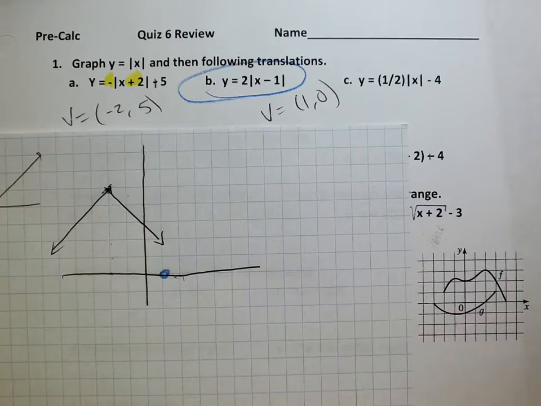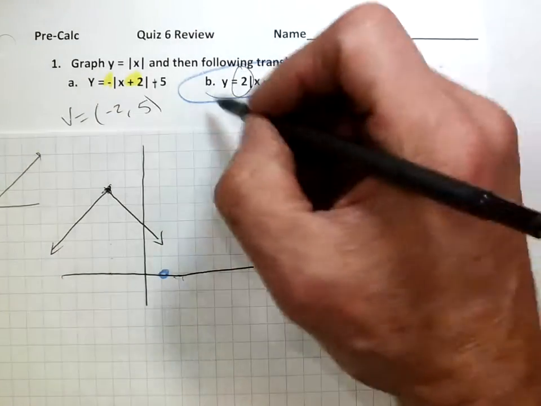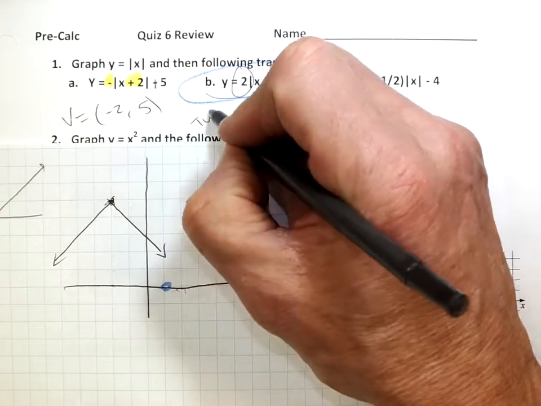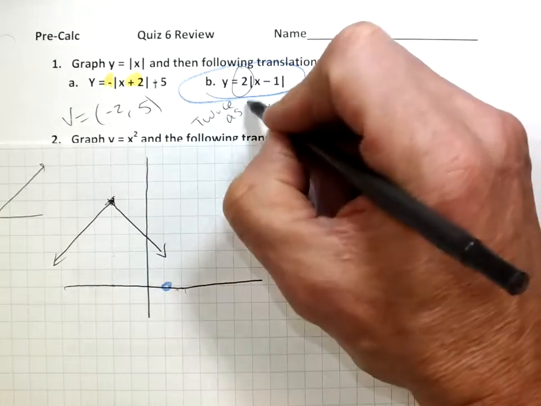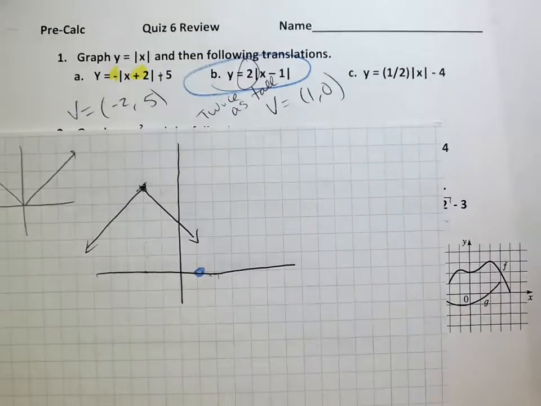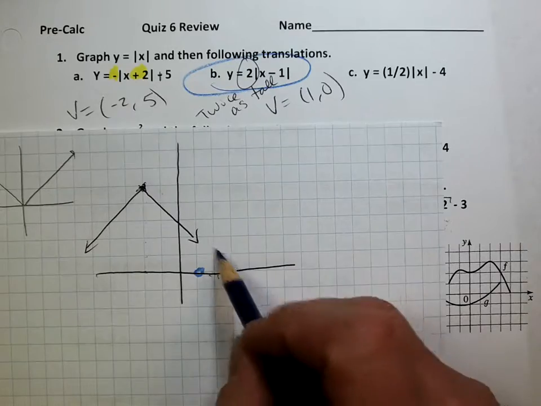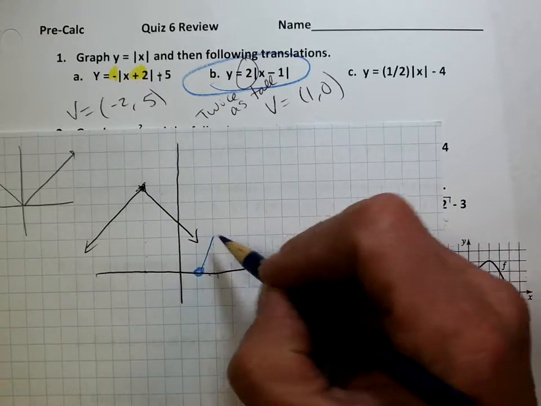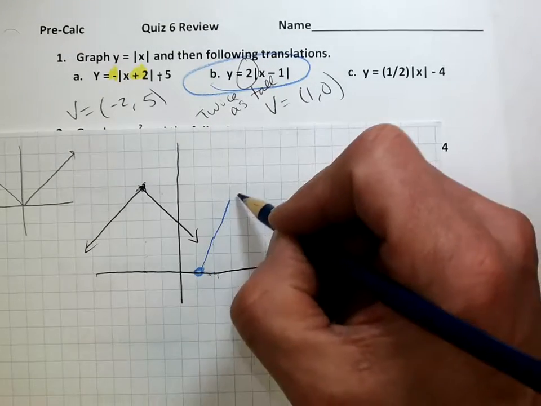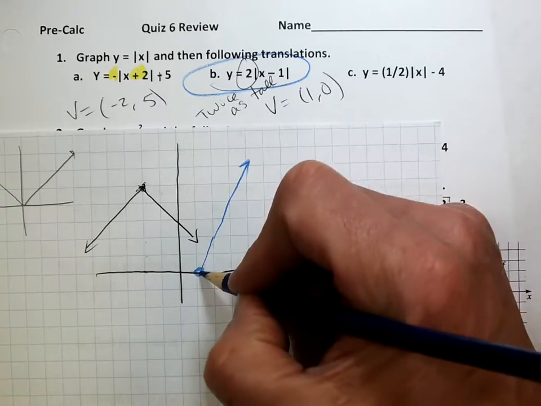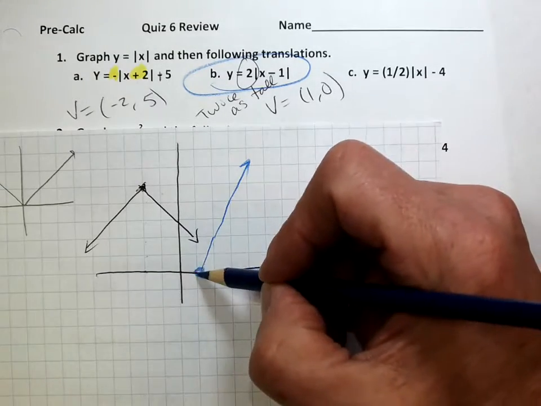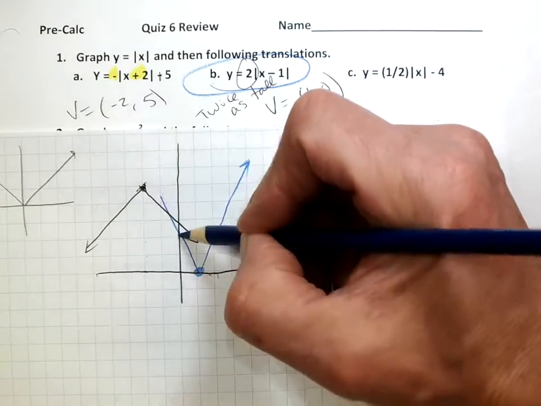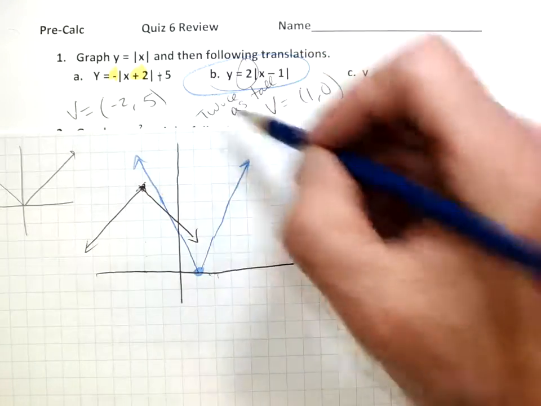And this one's going to be twice as tall. So instead of going 1, 1, I'll go 1, up 2, because it's twice as tall. And the same thing on this side: instead of 1, 1, I'll go up 2, up 2, up 2, right?